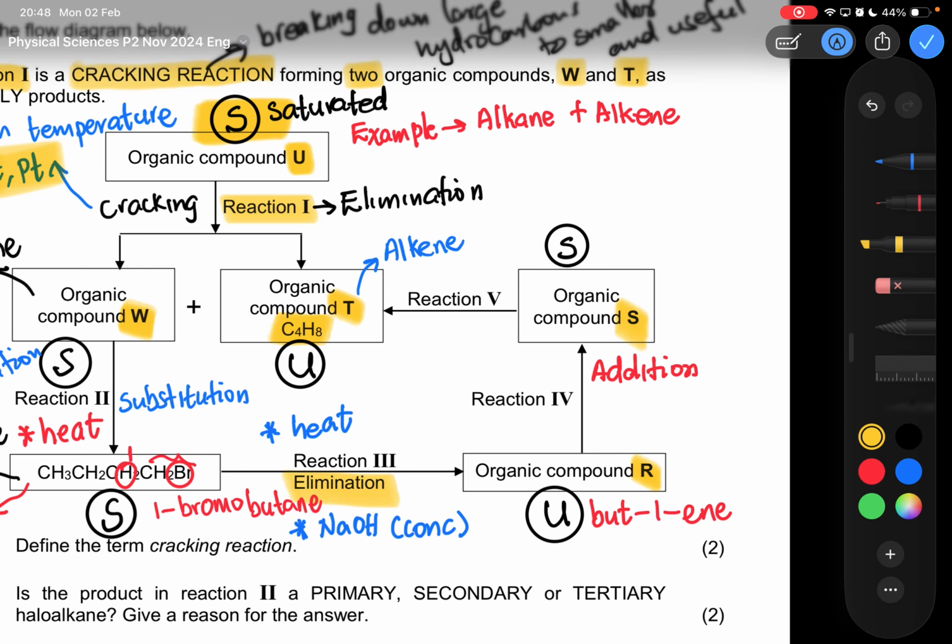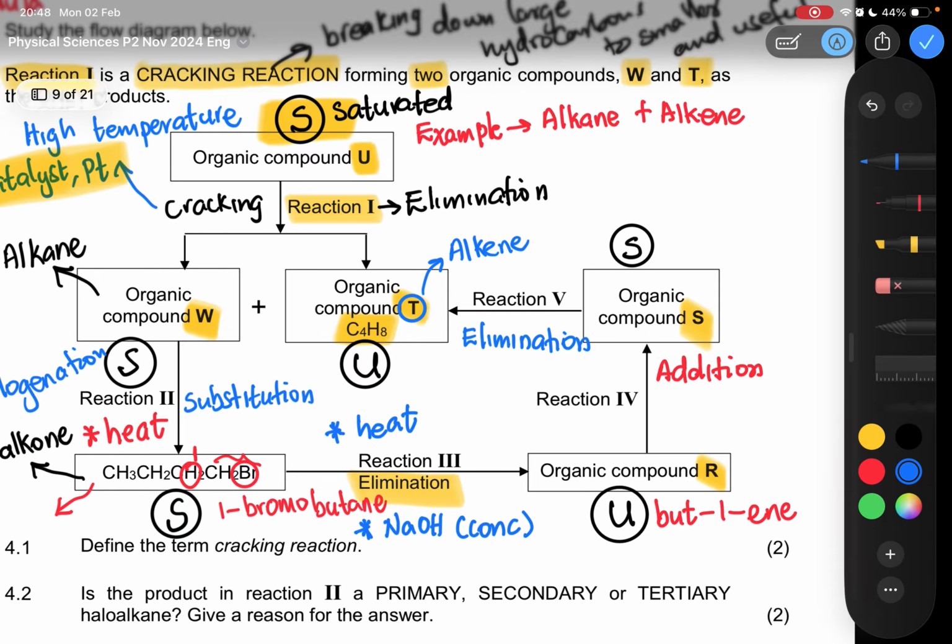Then saturated to unsaturated. This is clear. This is elimination. Whatever we added, we must take it out. So somehow compound T. What happened now?